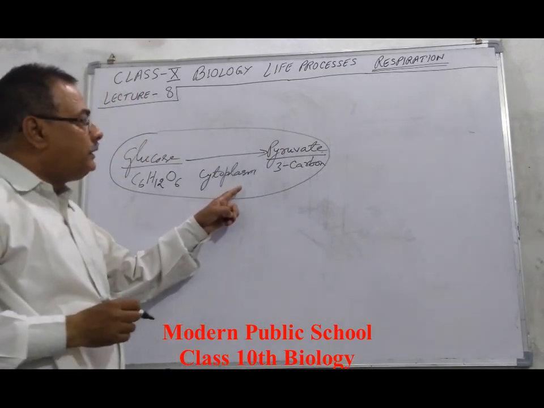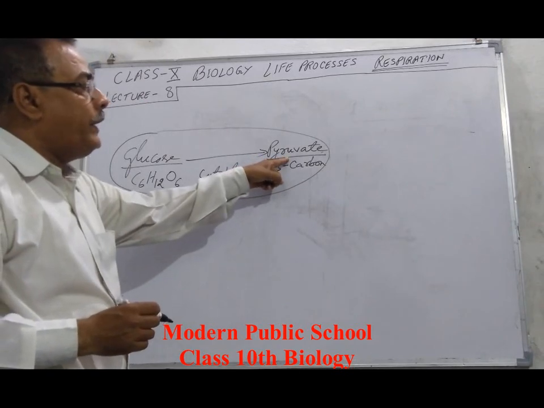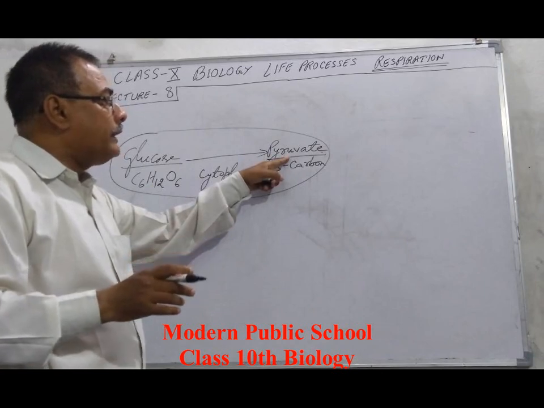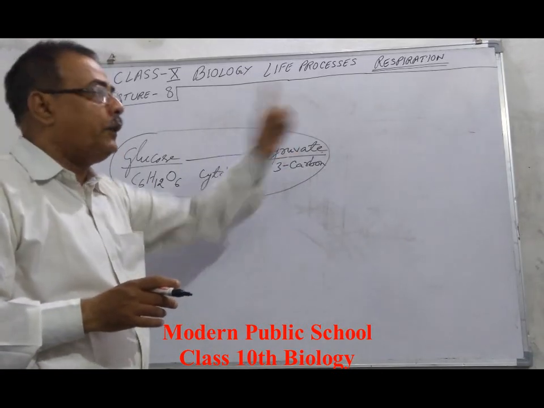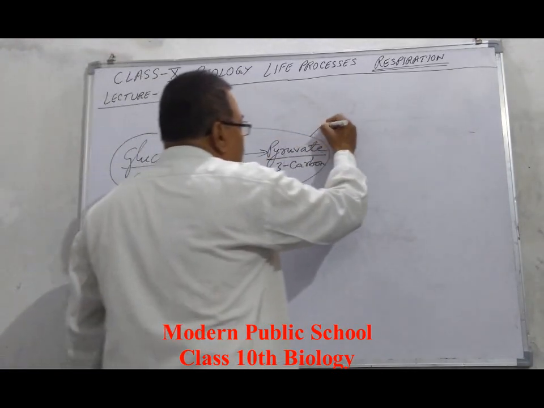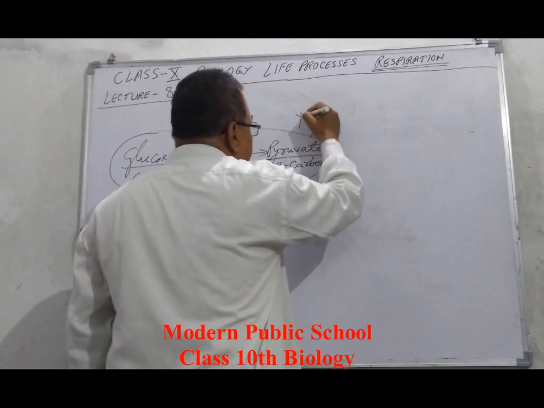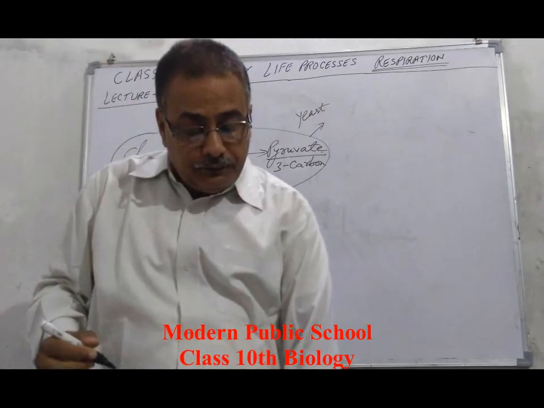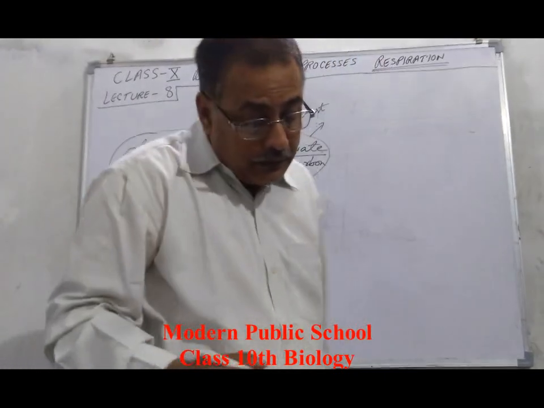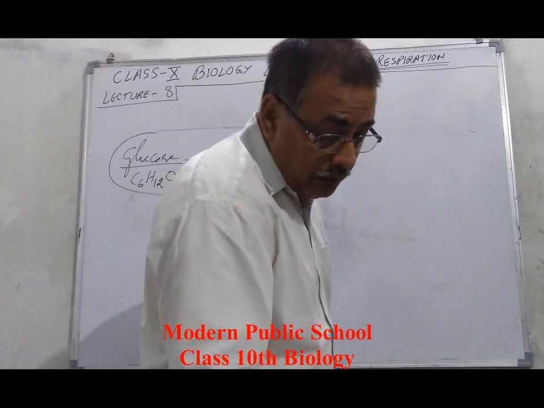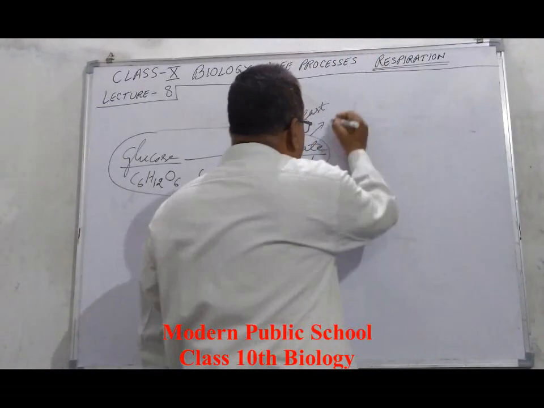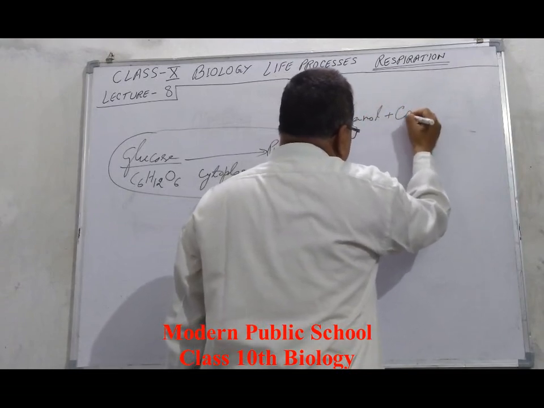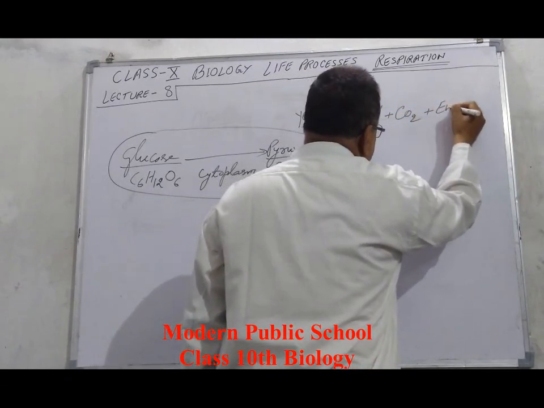After that, the fate of this pyruvate will depend on the type of organism in which respiration is going on. For example, if it is taking place in yeast, what will happen? It will form ethanol plus carbon dioxide plus energy.